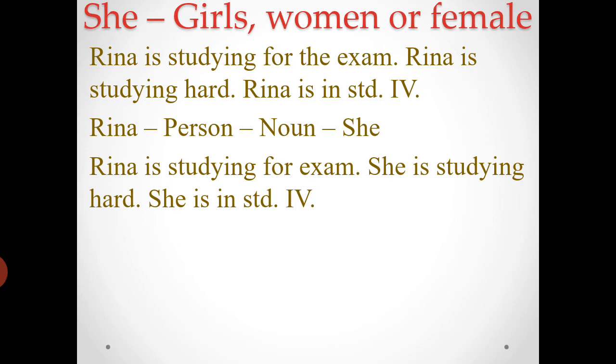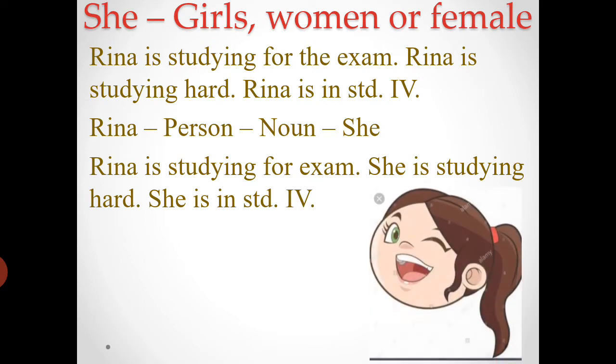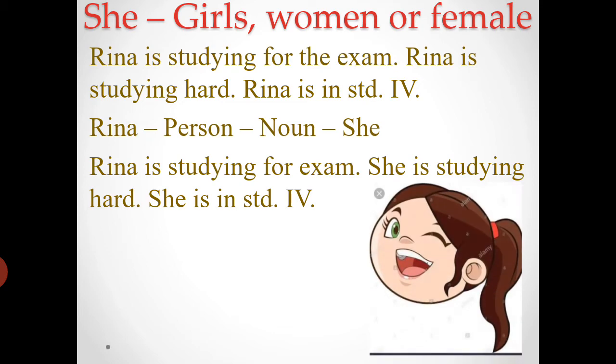I am reading that sentence again using she. Reena is studying for exam. She is studying hard. She is in standard 4th. To avoid repetition we use she for female gender, and she is the pronoun.